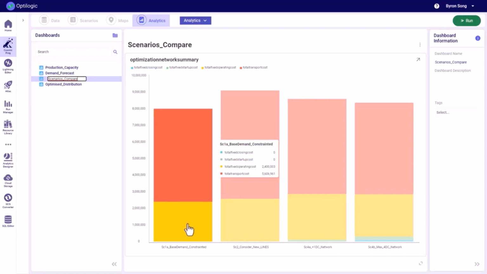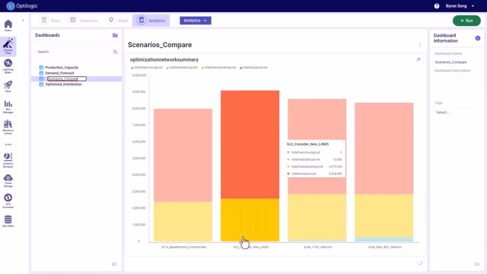To be able to serve all the demand, we had to expand new production lines, and the model chose to do that in the plan 2. And we can see when we hover over this bar, there is a fixed startup cost for setting up new production lines.